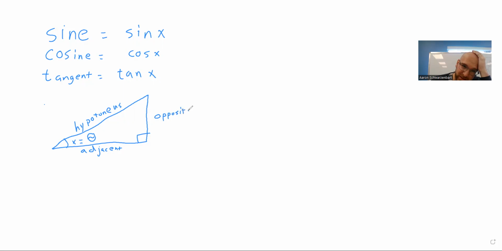I'm going to make another right triangle here below. This time, if my angle is theta, this side across from it is opposite. The hypotenuse is still the hypotenuse.